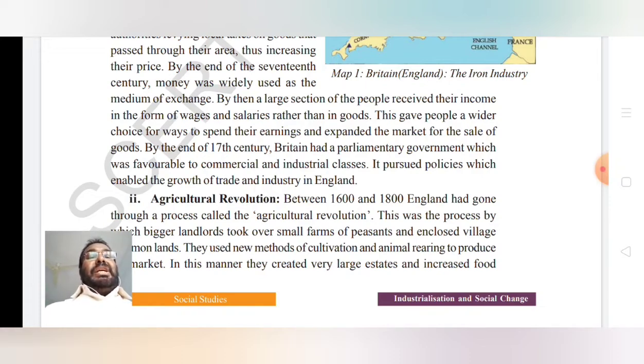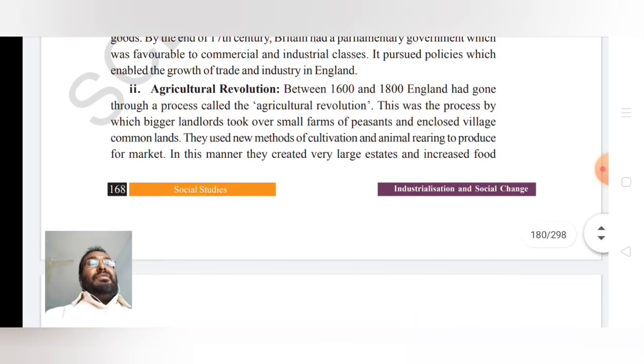So the second one is agricultural revolution. What was agricultural revolution? Between 1600 and 1800, a process of agricultural revolution happened in England. This was the process by which bigger landlords took over small farms and peasants and enclosed villages of common land.